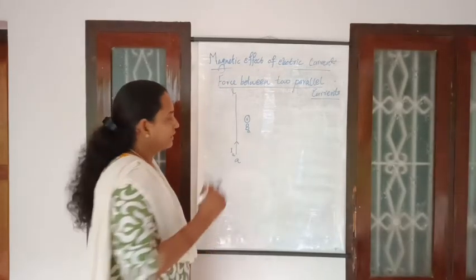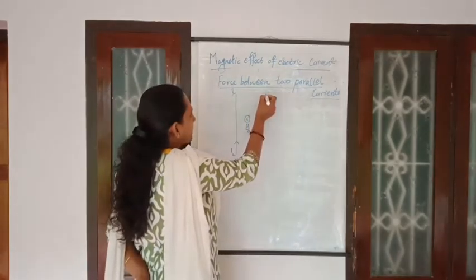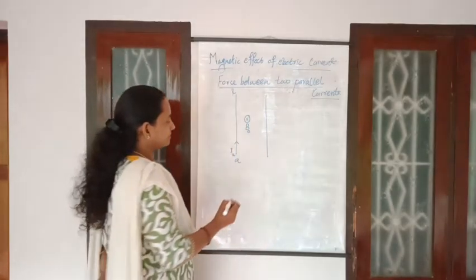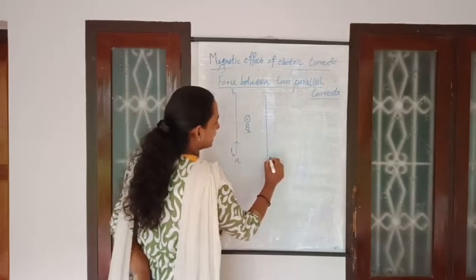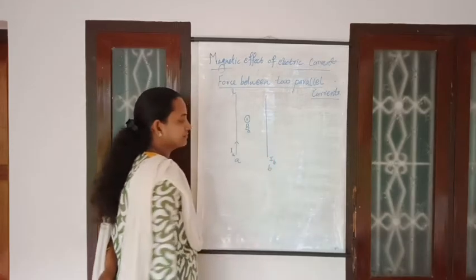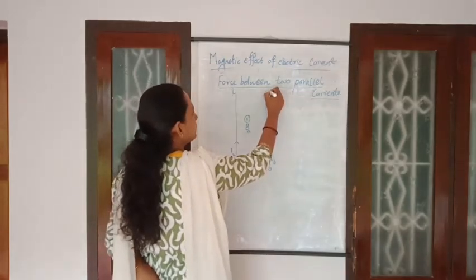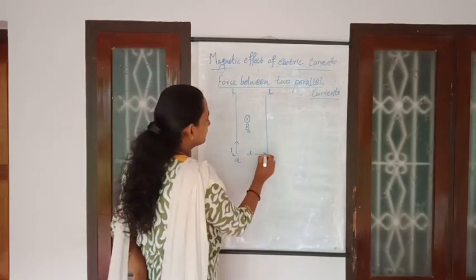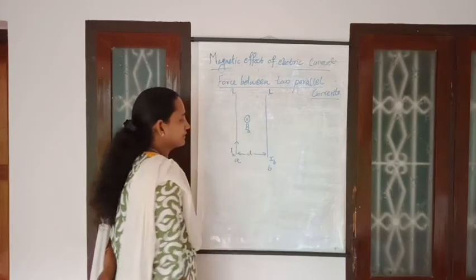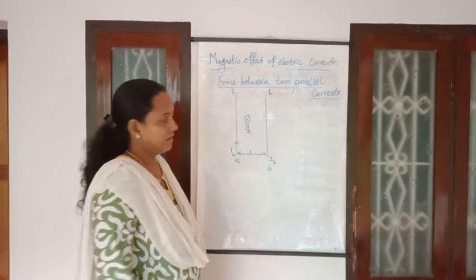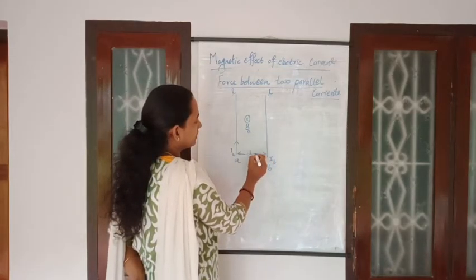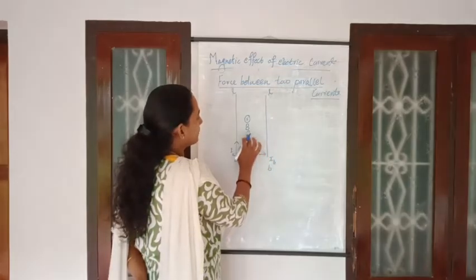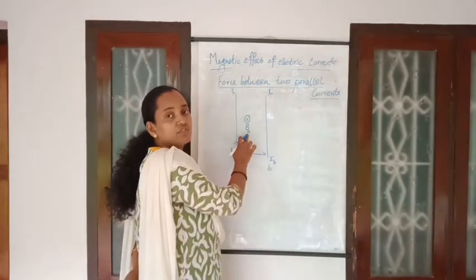Suppose there is another conductor B, which is carrying a current I of B and has length L. If you place it near this one at a distance D, what will happen? This second conductor, carrying a current I of B, is placed in the magnetic field B of A produced by the first conductor.